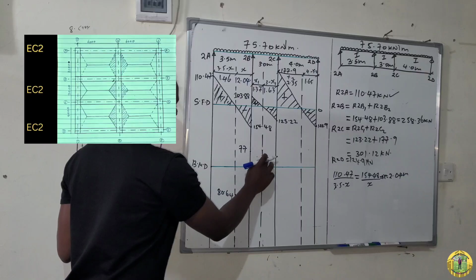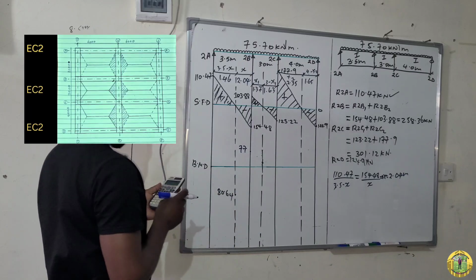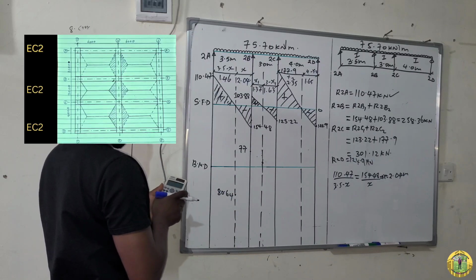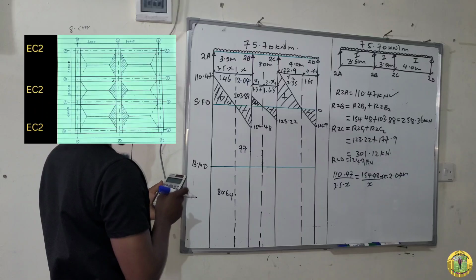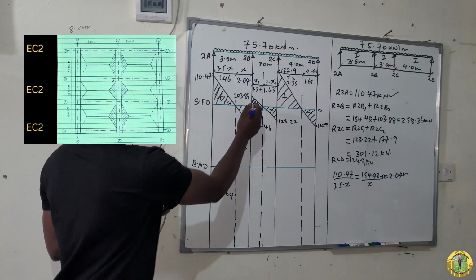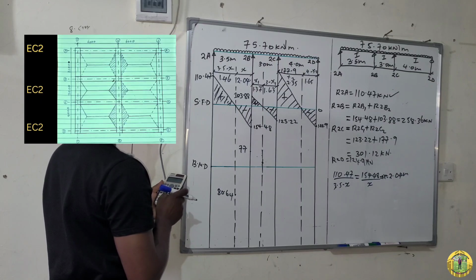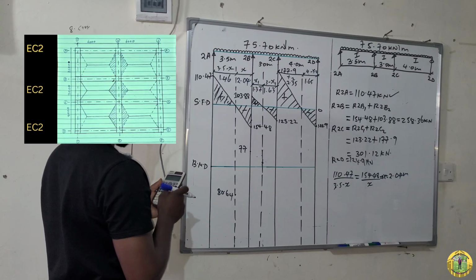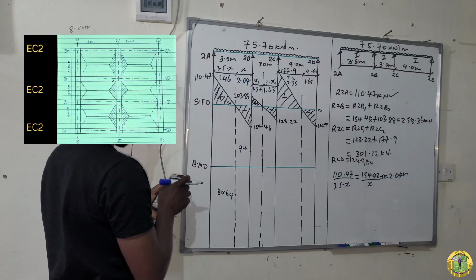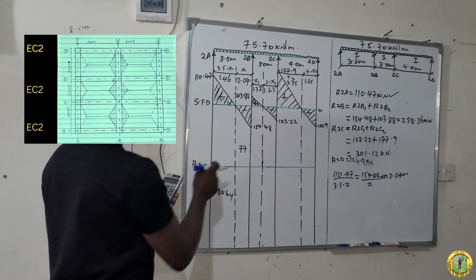So here it will be negative 77 minus 0.5 times 1.37 times 103.88. This is plus, not minus. Let's repeat.